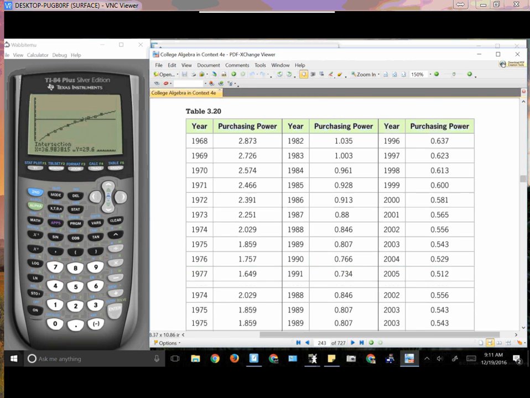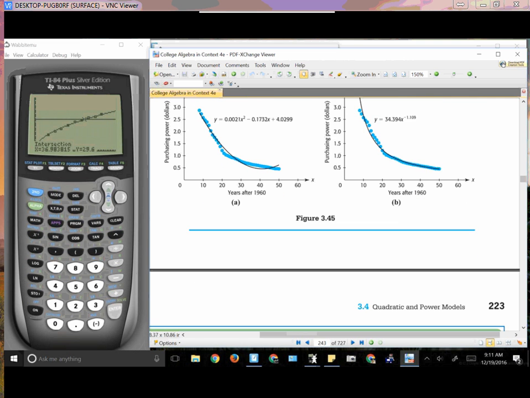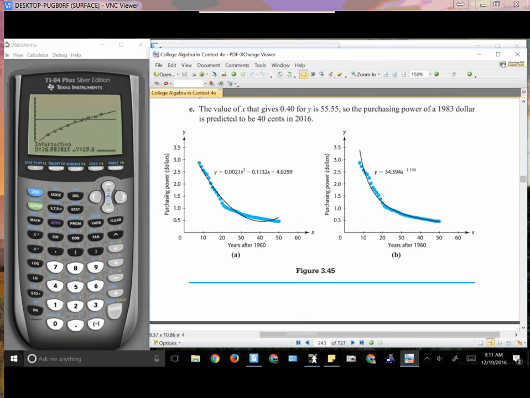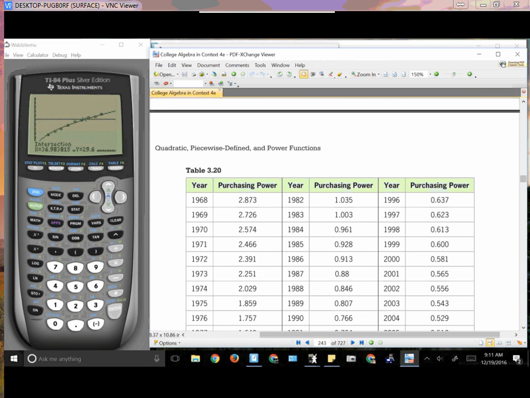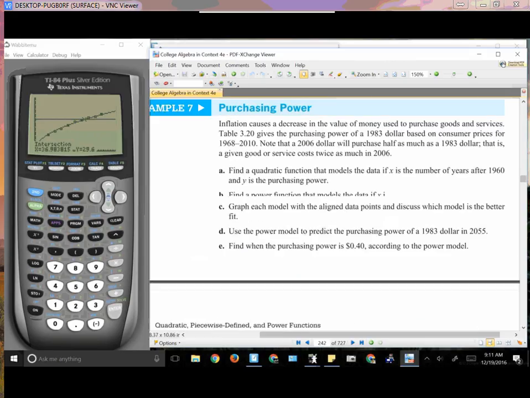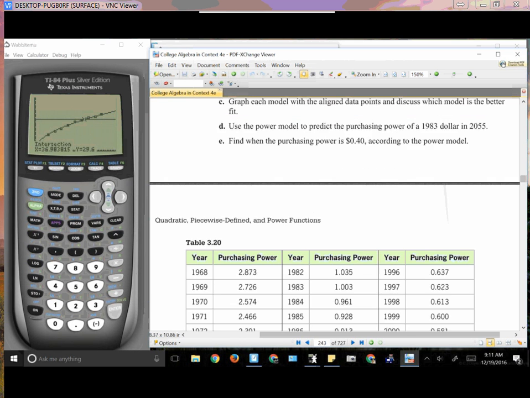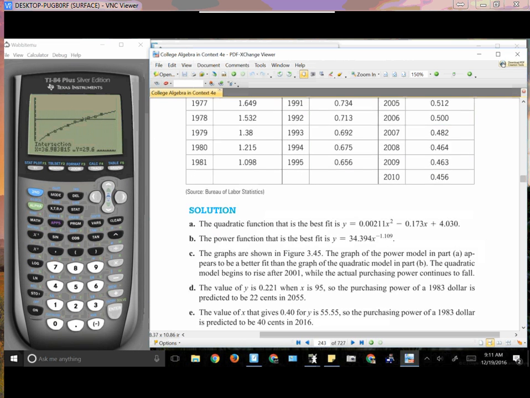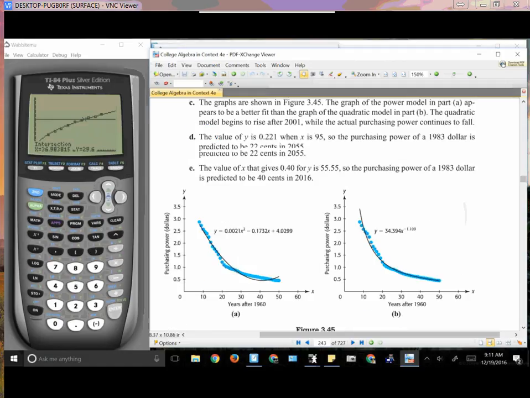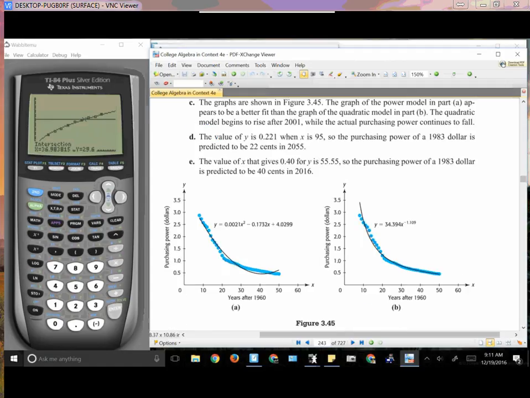So, here they give an example of this. They went and used a spreadsheet for this one. It's a little bit easier because of all the data that we've got here. Find a quadratic and a power function. So they've got the functions there, and they've got the data there. So the question I have is, which one is a better fit?